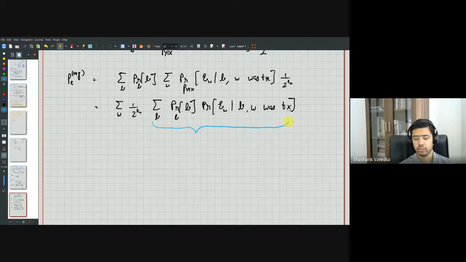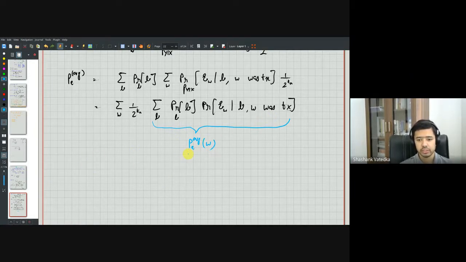We'll show that given a particular message W, the probability of error is vanishingly small. This probability over here is vanishingly small for any given W. Let's call this PE average of W, and we'll show that for any given W, this is vanishingly small.